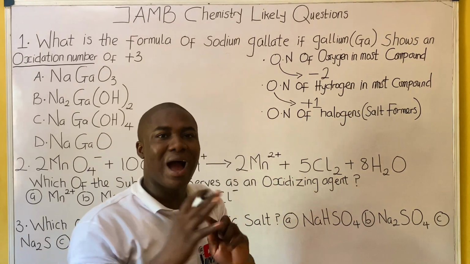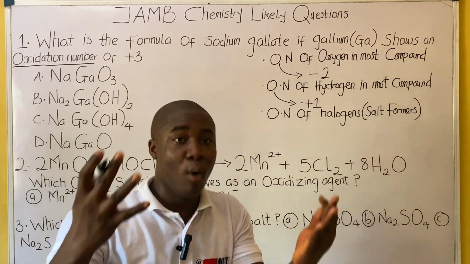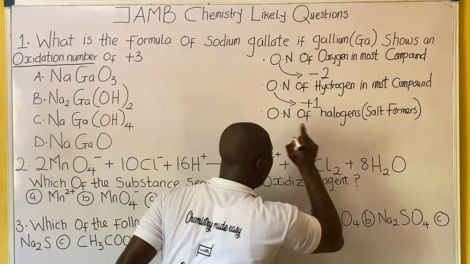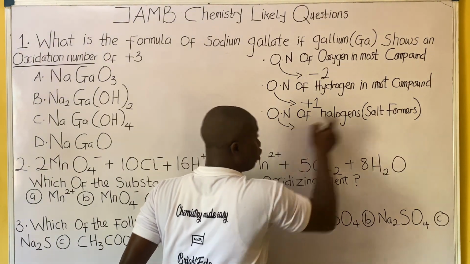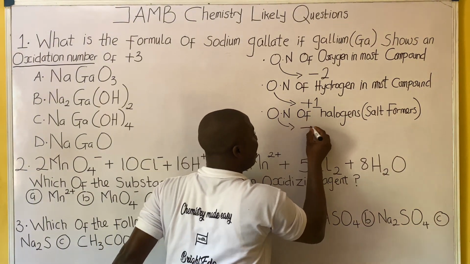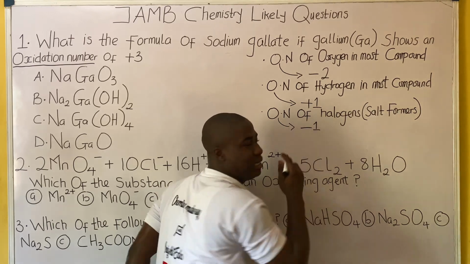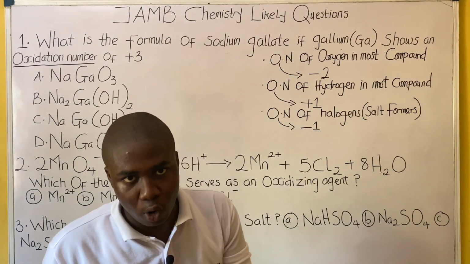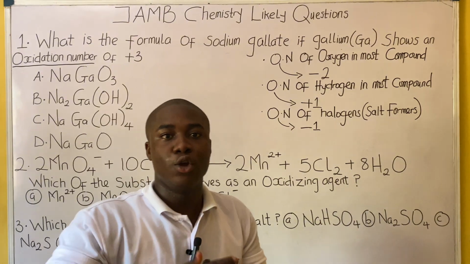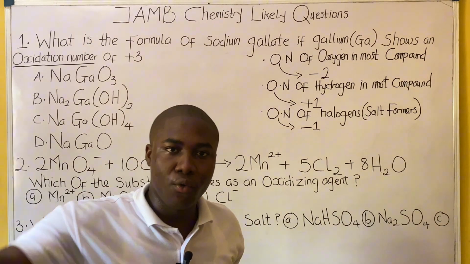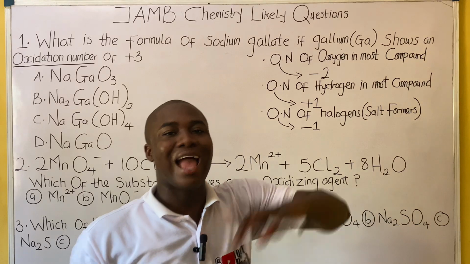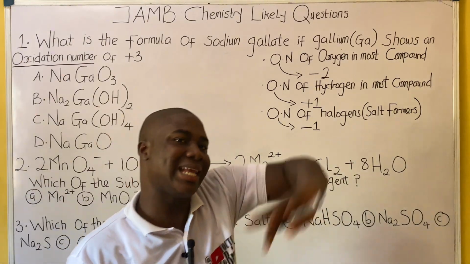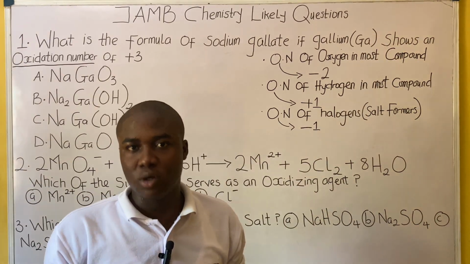So the oxidation number of halogens in most compounds is simply, please take note, -1. Please listen carefully. This is very important. Halogens include fluorine, chlorine, bromine, iodine, astatine, tennessine. So all these must be noted.